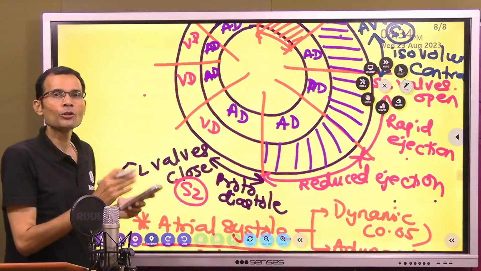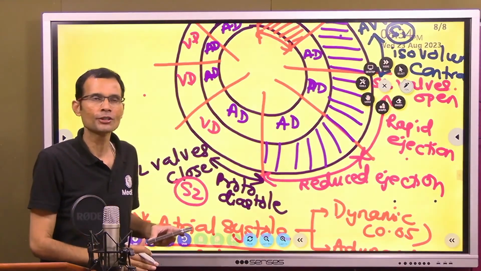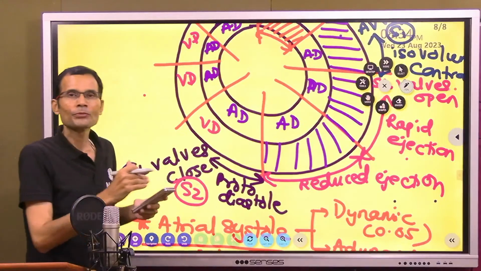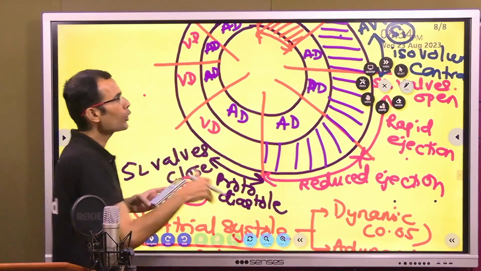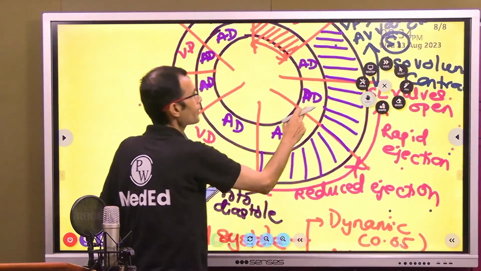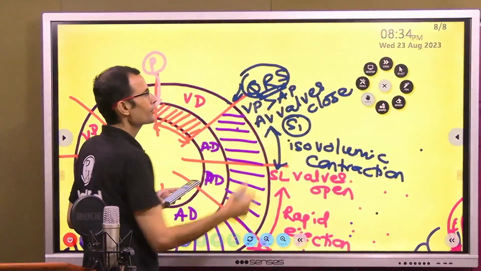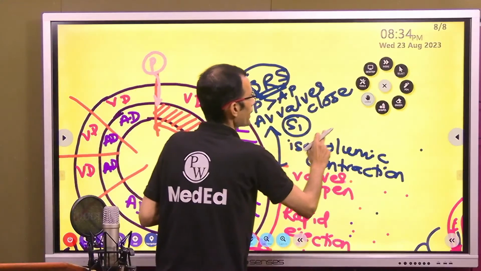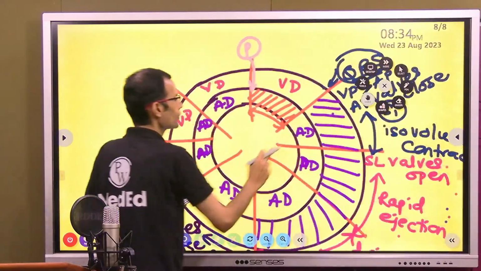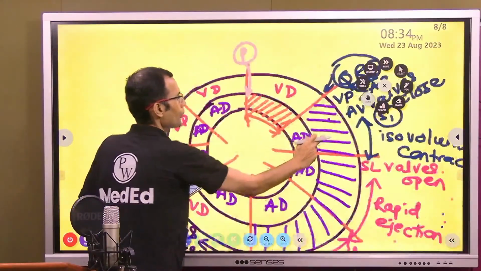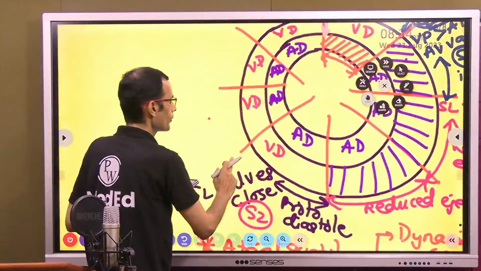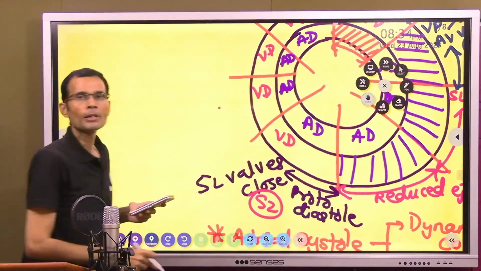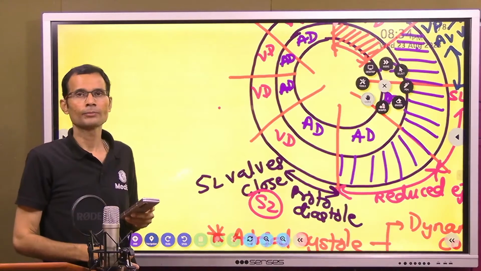Now the semilunar valves have closed, but the AV valves are also closed. The AV valves closed already. The ventricles are in diastole, but filling cannot start.